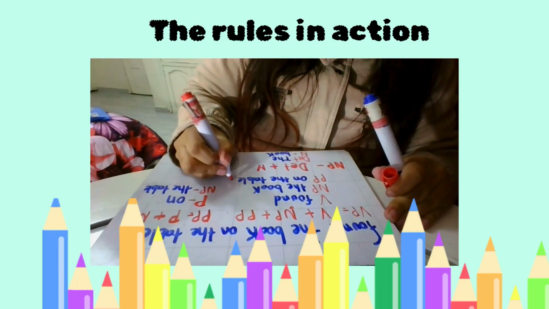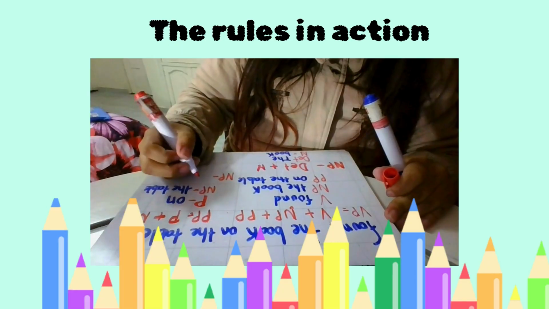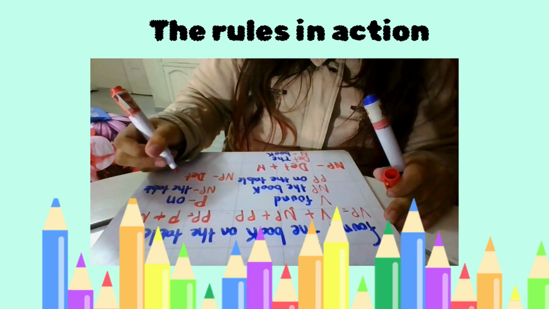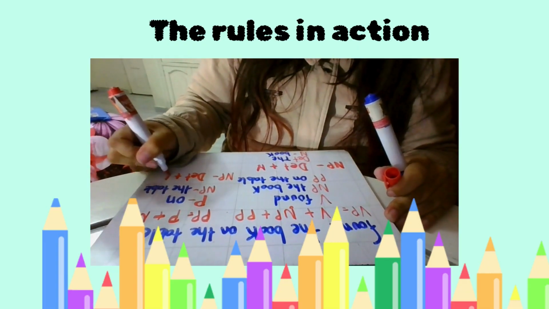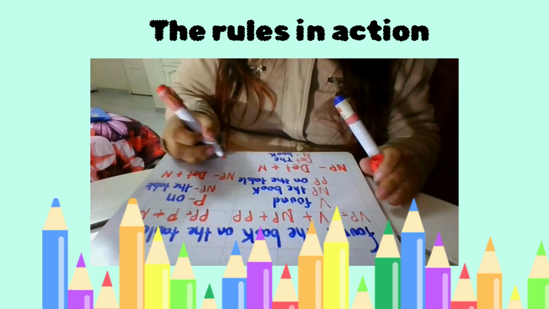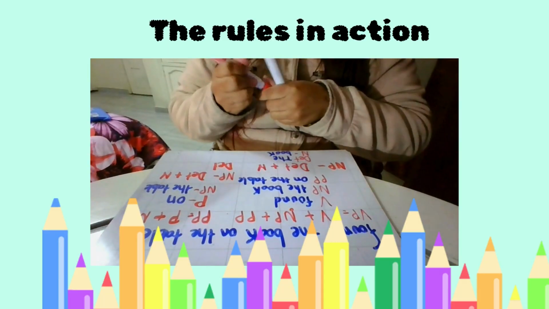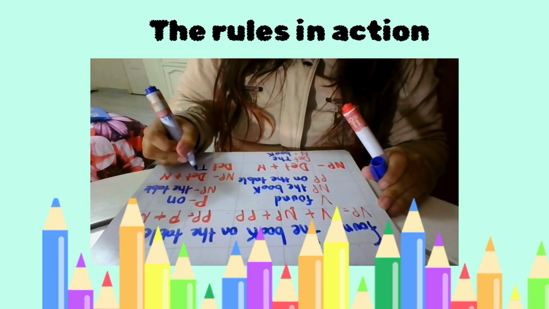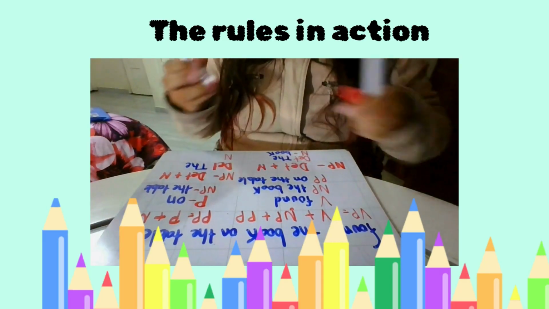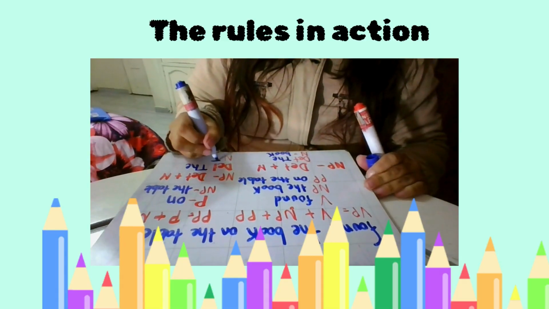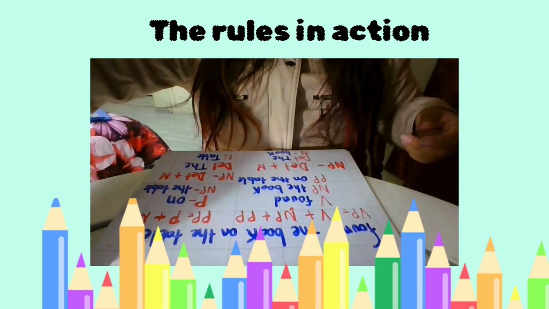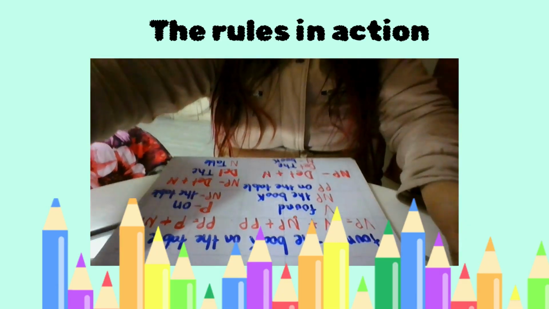In the structure, the noun phrase inside the preposition is determiner plus noun. Determiner is the, and the noun in this case is table. These are the rules in action in this sentence.